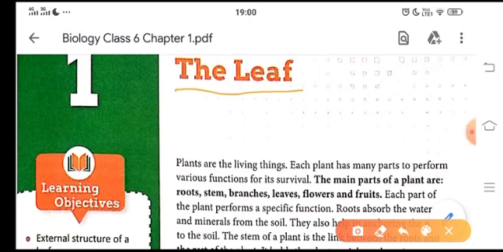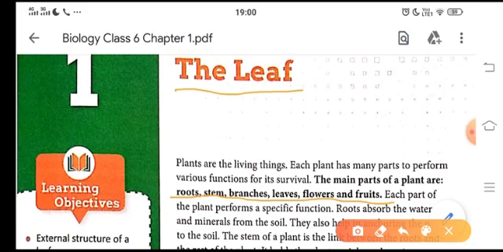They have different body parts to perform different functions. Now, see, children, plants have many parts like roots, stem, branches, flowers, and fruits.